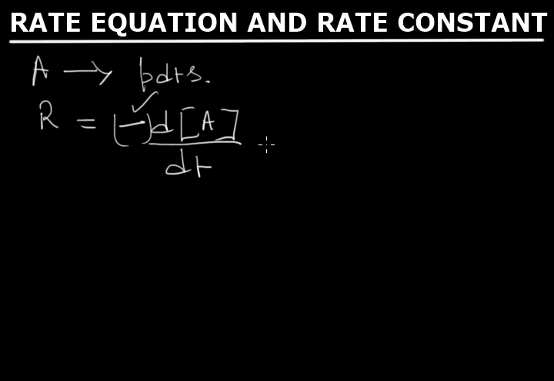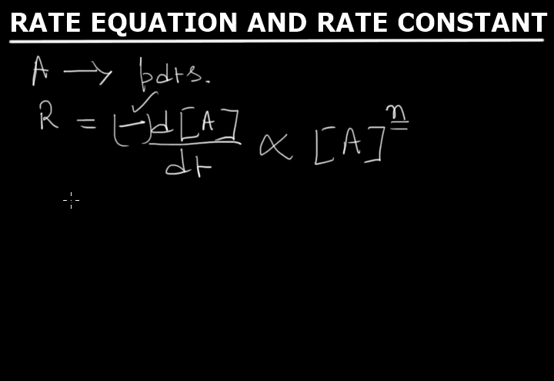Therefore, since the rate of the reaction is nth order, minus dA dt is proportional to the molar concentration of A to the power small n. That is, the rate of the reaction depends on the nth power of the concentration of the reactant.